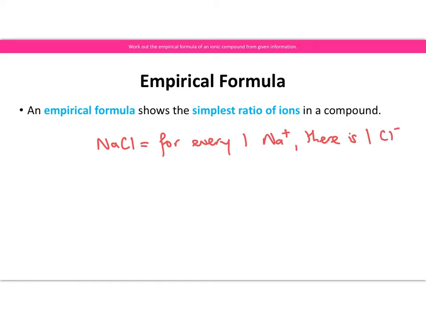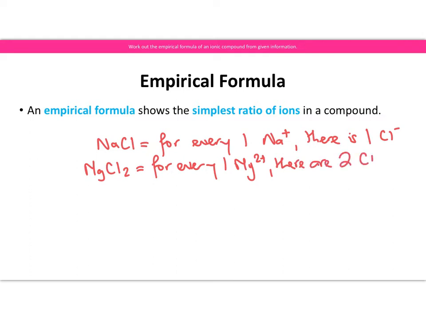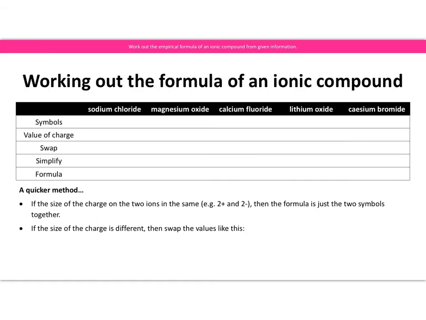And for a formula like MgCl2, what that's telling us is that for every 1 Mg2+ ion, there are 2 Cl- ions. So it's a ratio, right? It's a ratio of ions.